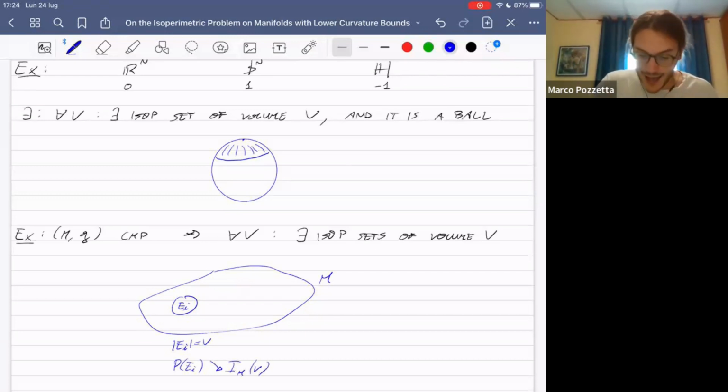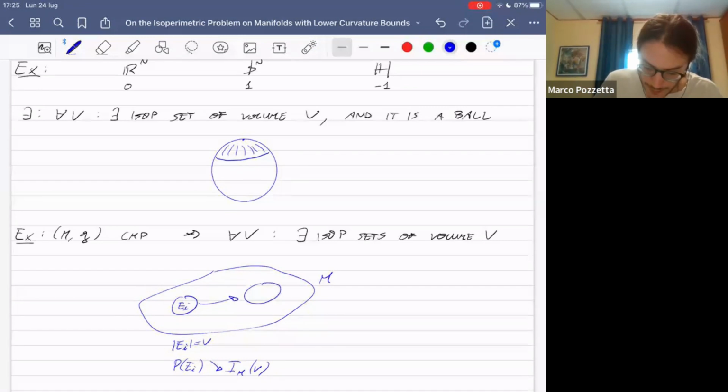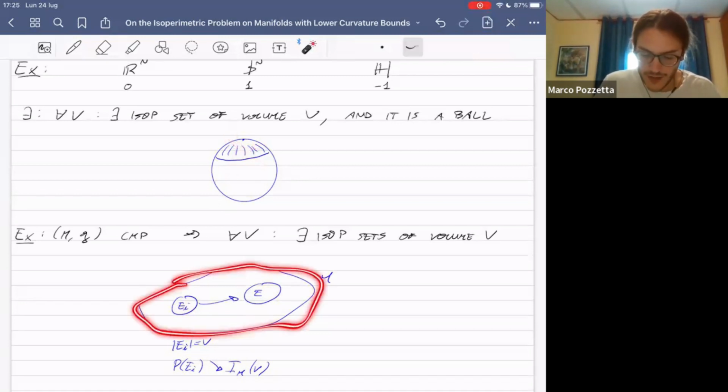But then you have an equibound on the volume and an equibound on the perimeter, and then for sure this sequence has a subsequence converging in L1 loc. But the manifold is compact, so L1 loc is equal to L1, and eventually this is going to converge to some limit set E, which need not be a ball, not at all, on a general Riemannian manifold where you have no symmetry.